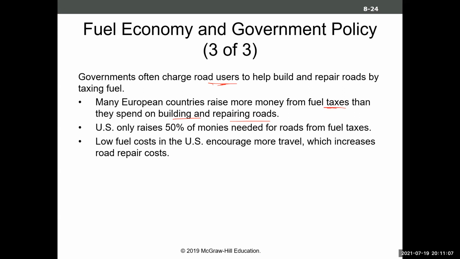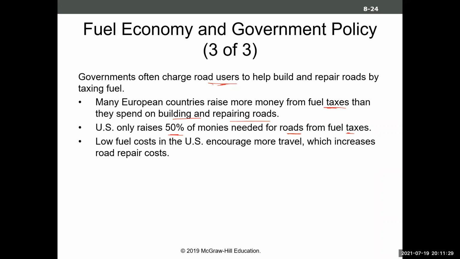The US only raises about 50% of what's needed to repair roads from fuel taxes. So European countries have higher fuel prices and are paying for the roads with those taxes. The US only pays about half of the cost and has to come up with the other half from some other method.